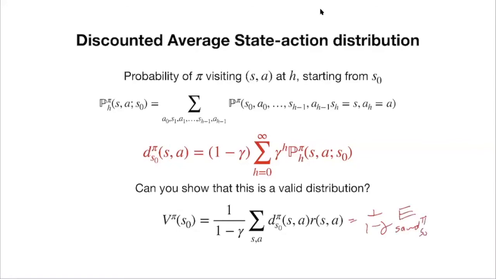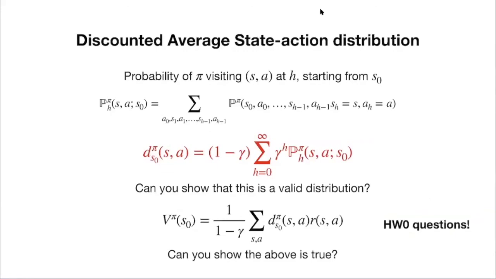Remember, this is a valid distribution. No more going into the future for infinitely many steps, right? All I care about is the average state action distribution, and then I just look at the expected one-step reward. And again, you will verify this equality holds in the homework.